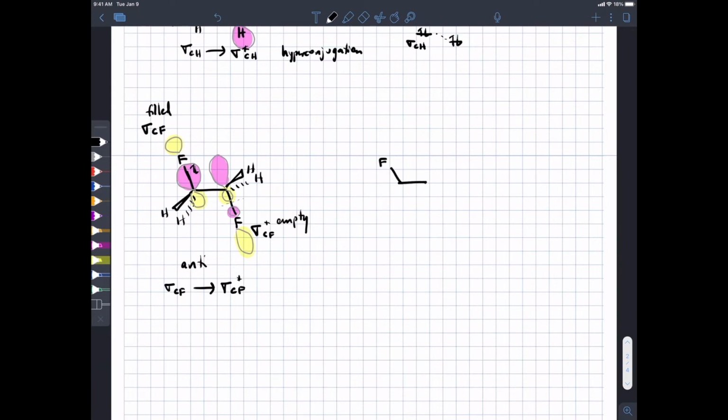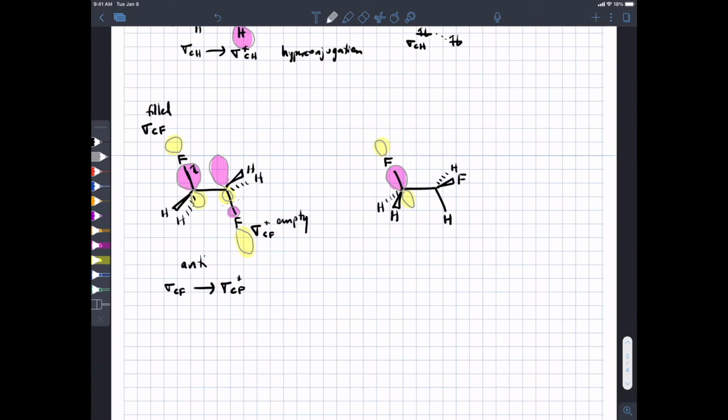What if we keep everything the same, only we rotate around the bond between carbons 1 and 2, such that instead of having a fluoro anti to the other fluoro, we now have a hydrogen. Okay? In that conformation, the empty antibonding orbital that would line up with this filled carbon-fluorine sigma bonding orbital would no longer be the carbon-fluorine sigma star.